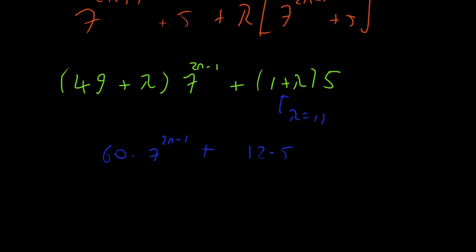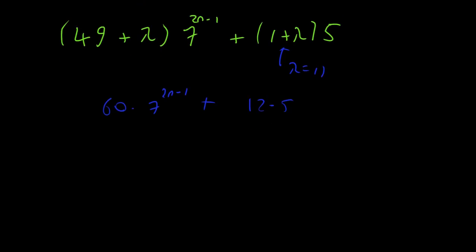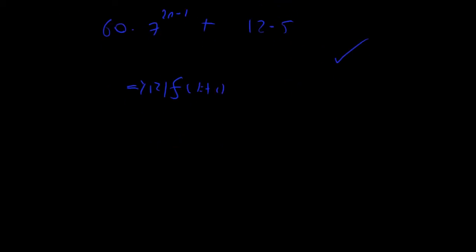So when lambda is 11, this whole thing's divisible by 12. And therefore, that implies that f of k plus 1 is divisible by 12. So we've shown that f of k true implies f of k plus 1 true.